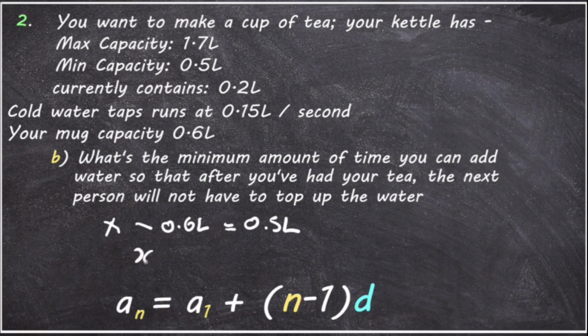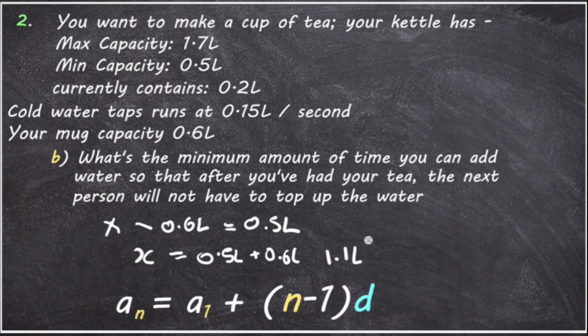To get the value of X, we simply add 0.6 to both sides, and that's going to give us that X equals 0.5 liters plus 0.6 liters, and that's 1.1 liters. So that's how much water needs to be in the kettle so that after pouring your mug, the kettle doesn't need topping up.